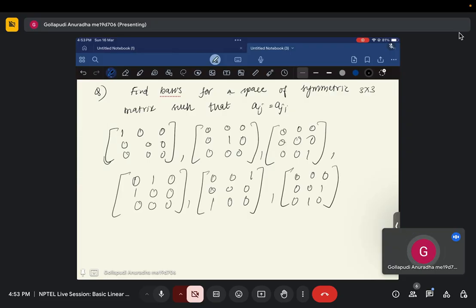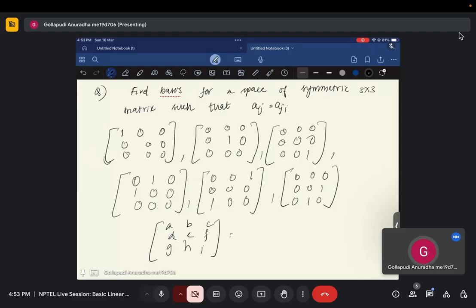How to find this? Simple. For example, if you say the matrix entries are A, B, C, D, E, F, G, H, I like that.